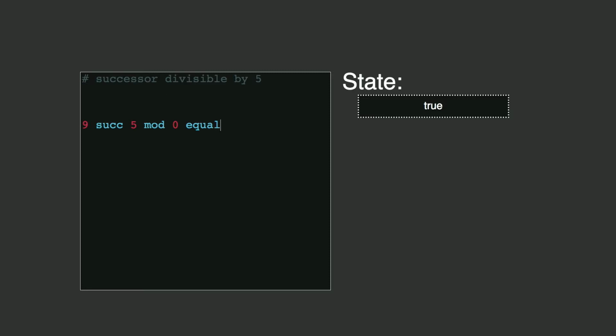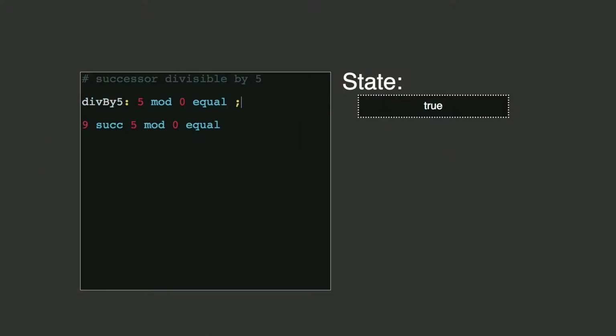But just doing this, making like a fancy calculator, isn't really interesting or fun. So one of the cool things about this kind of language is that you can take any arbitrary sub-program and name it. So I just take the sub-program consisting of 5 mod 0 and equal and name it divisible by 5.